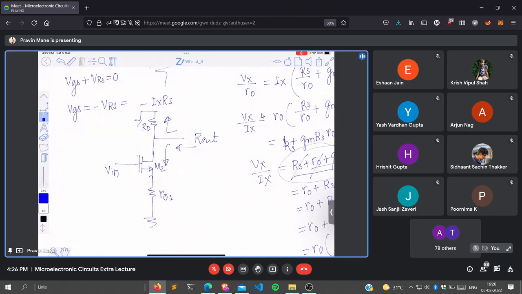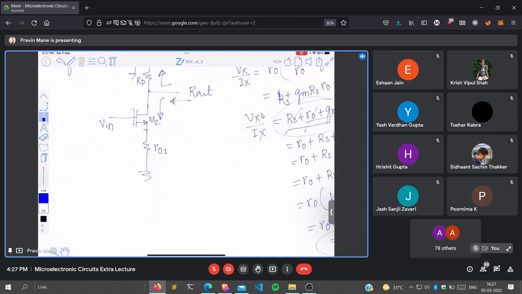Okay, now for M2, RO1 becomes RS. What is the formula now? RS plus RO plus gm RS RO.